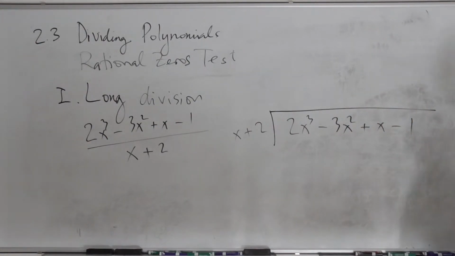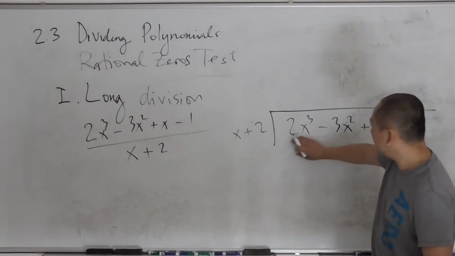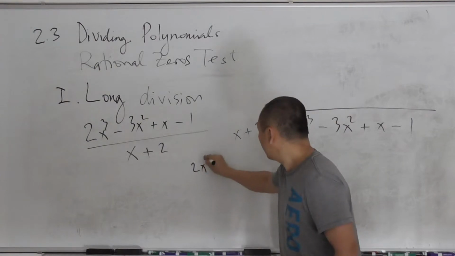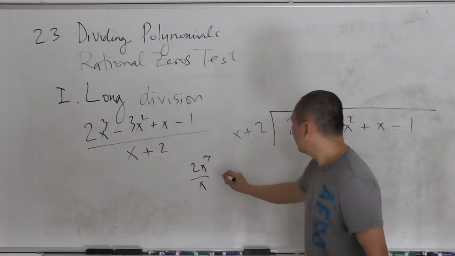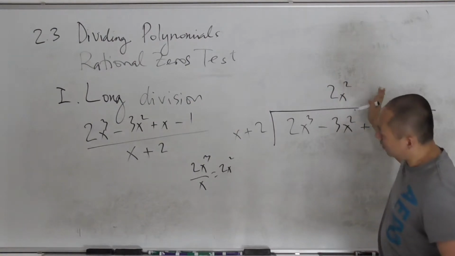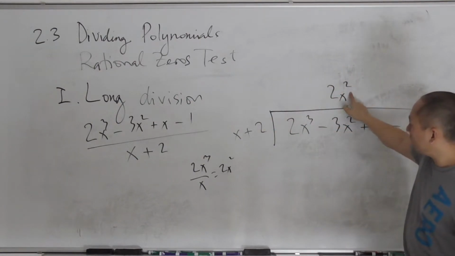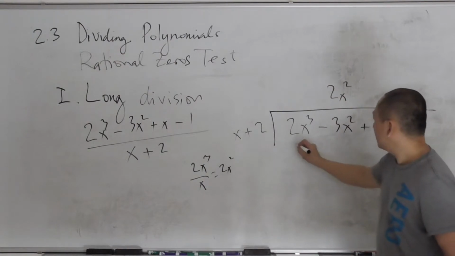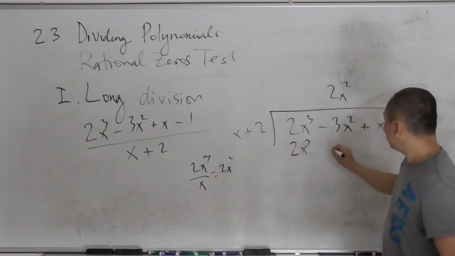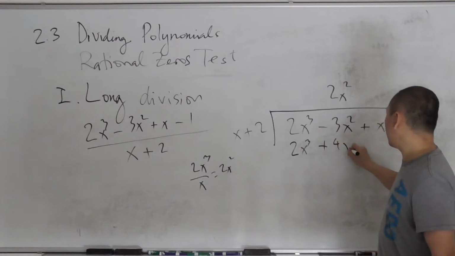Very similar, we take the leading term divided by the leading term, so 2x cubed divided by x is 2x squared. I'm going to write 2x squared up here and multiply it back. 2x squared times x is 2x cubed. 2x squared times 2 is positive 4x squared.